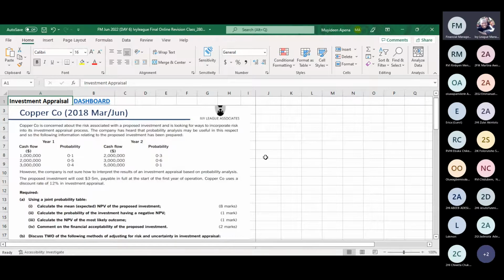Now, what do we do? We have to use probability analysis. So we have different scenarios in year one. Remember, probability analysis is used to incorporate risk into investment appraisal.